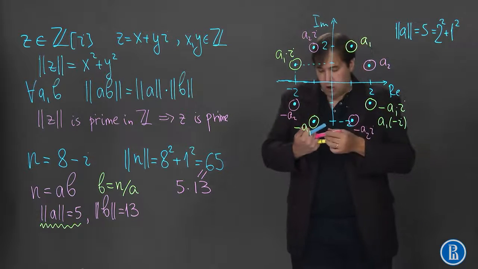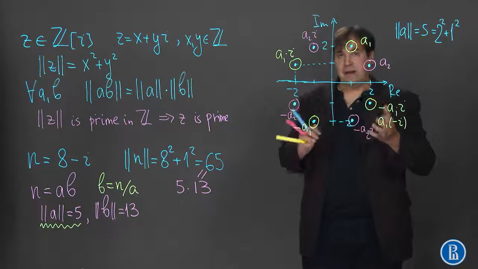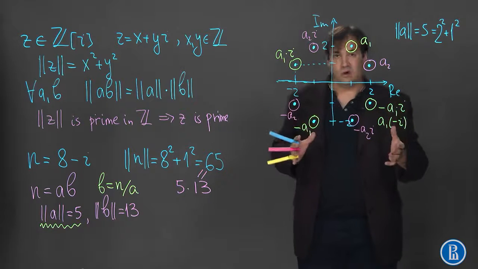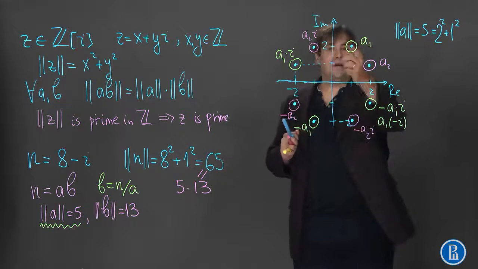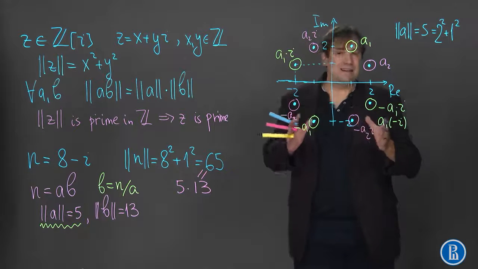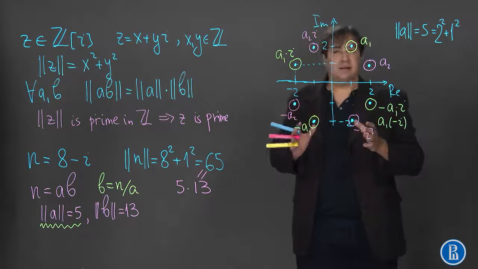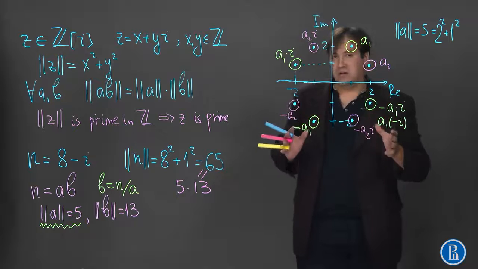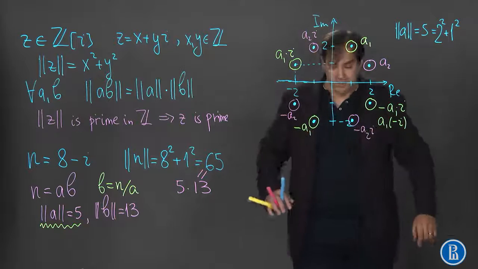So all we need to check now is whether n is divisible or not by one of these 2 elements, which will automatically mean that n is either divisible or not by any other of these elements.